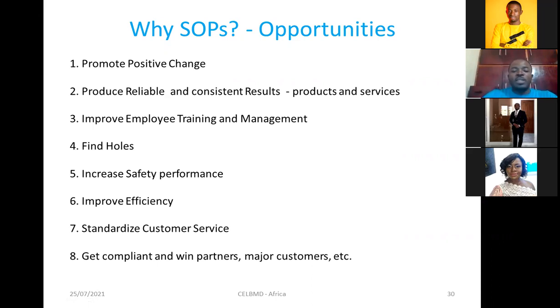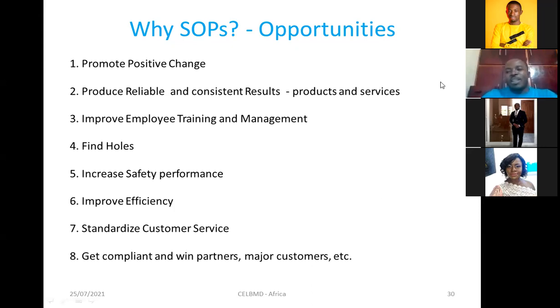By virtue of all the above, efficiency will be increased, customer service will be standardized, and the organization will be able to be compliant with the regulations in force, will win more partners and major customers. There are a lot of buyers and clients out there in the world that do not do business with organizations that do not have clearly elaborated procedures, that are not standardized, organizations that are not certified.